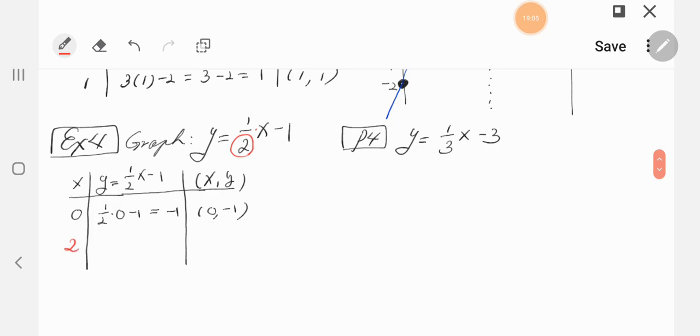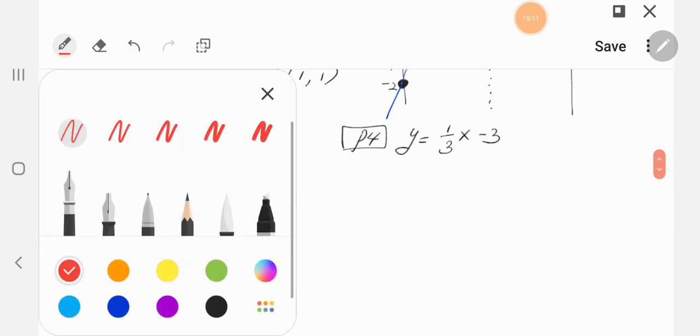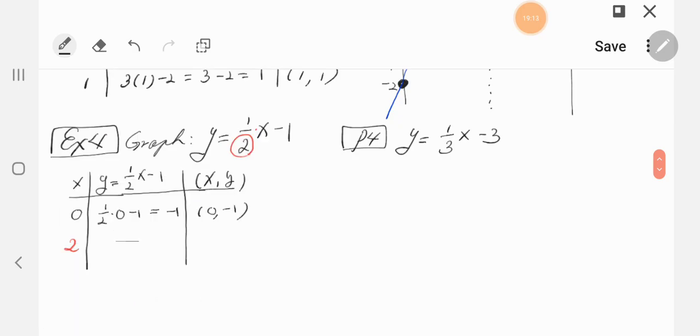Because we want a multiple of 2 so that we don't have fractions. So x equals 2. So 1/2 times 2 minus 1 is equal to 1 minus 1, which is 0. So x equals 2, y equals 0.